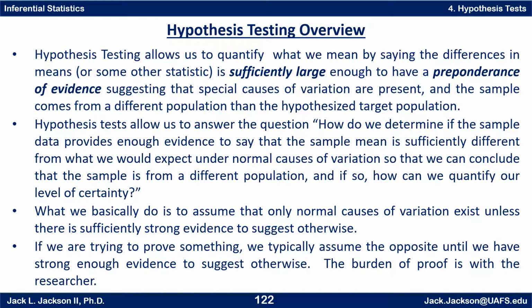What we basically do is assume that only normal causes of variation exist unless there is sufficiently strong evidence to suggest otherwise. If we're trying to prove something, we typically assume the opposite until we have strong enough evidence to suggest otherwise. The burden of proof is with the researcher.